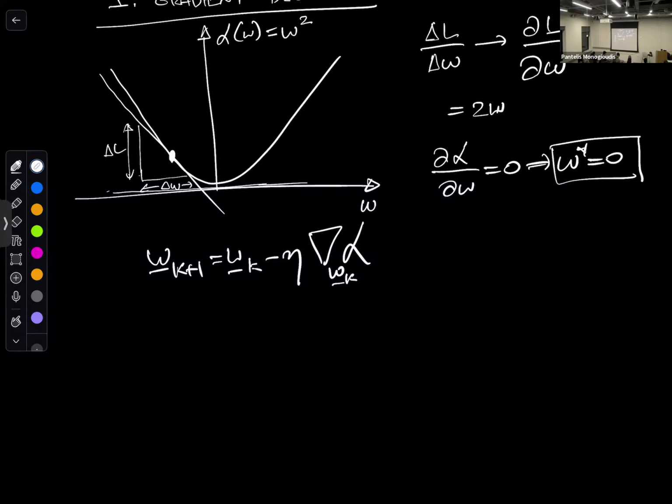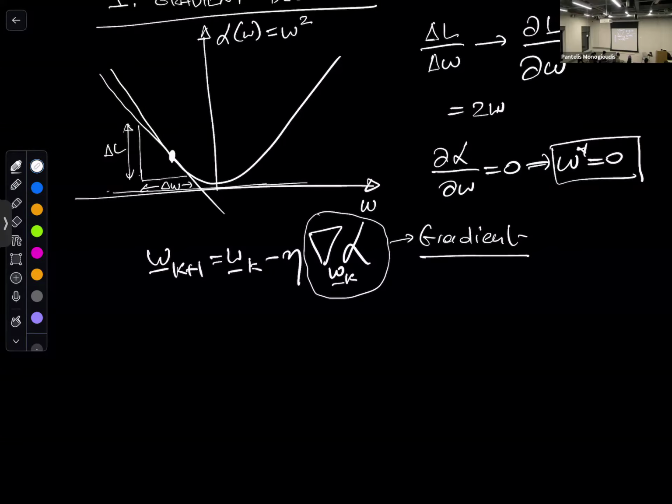This is a symbol I told you to review from Khan Academy. It's called, anyone? Gradient of the loss, and it's a generalization of the partial derivative.